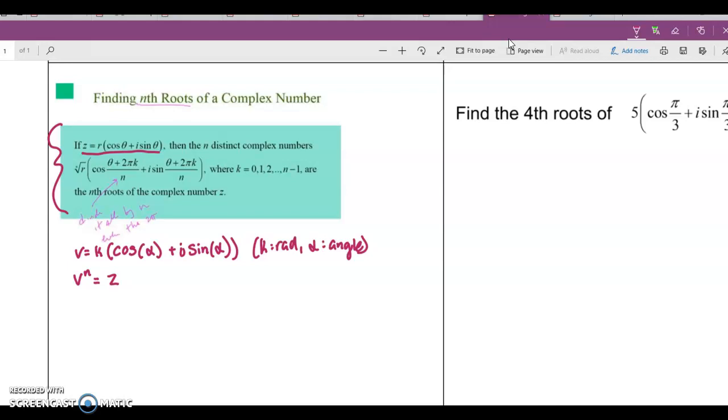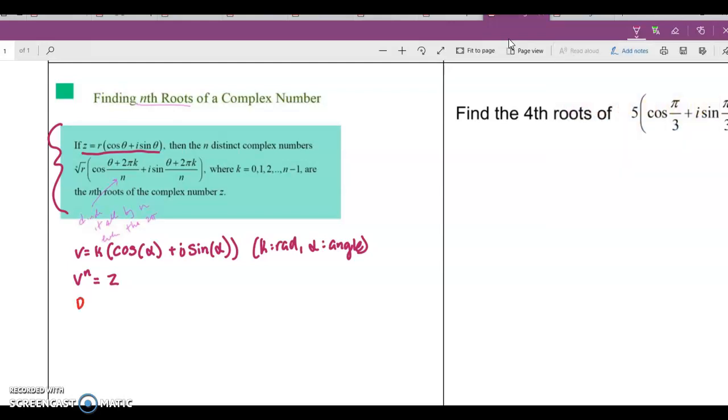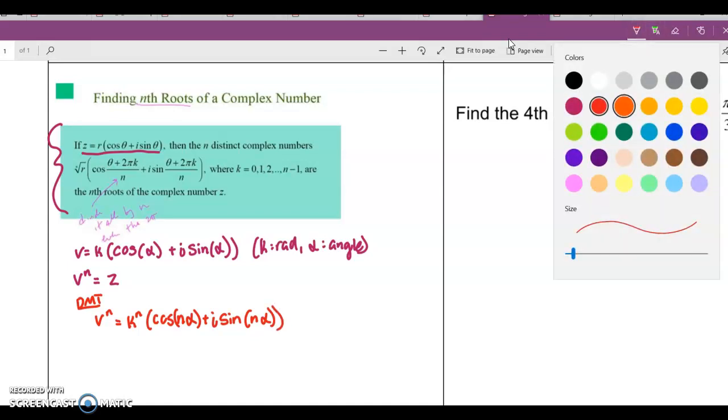So, using de Moivre's theorem from yesterday, I hope you remember back that far, v to the n is equal to k to the n times cosine of n alpha, in parentheses, plus i sine of n alpha. And remember that this is also equal to z.